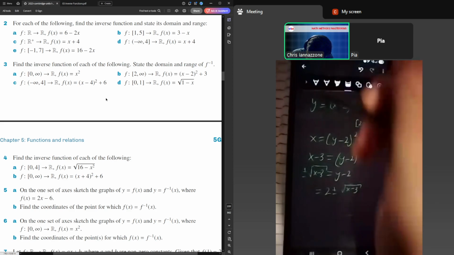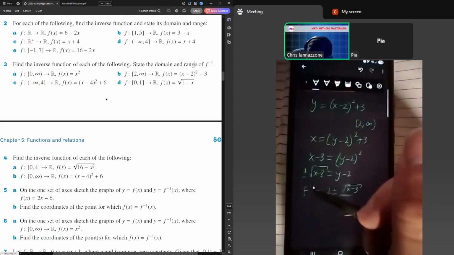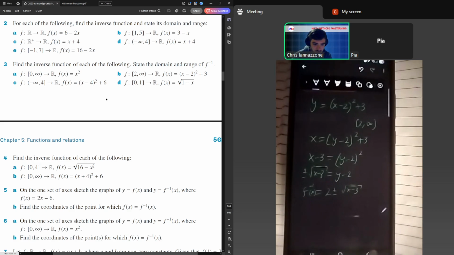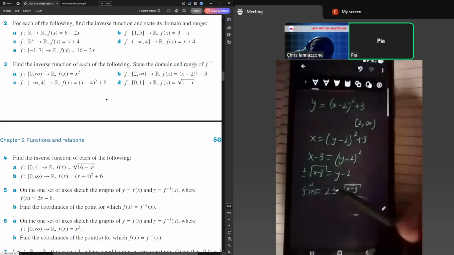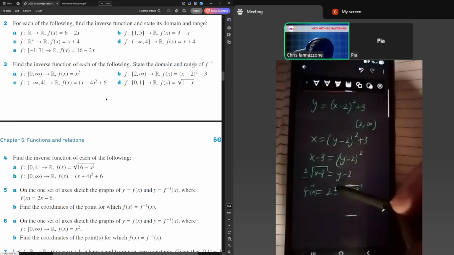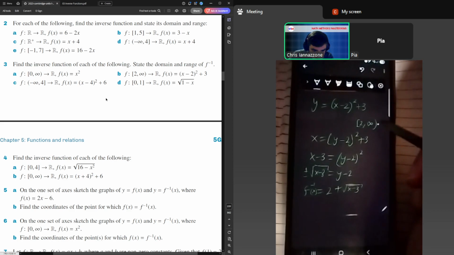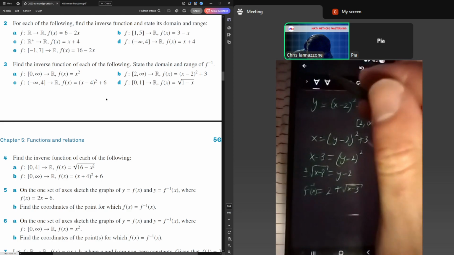Technically, we say f inverse, so we can put that in now. Cool. All right. What do we need to do to fix it up? We just use the plus one, so 2 plus the square root of x minus 3. That's it. Just the plus, because the domain was pointing to the right, so we used the plus version.